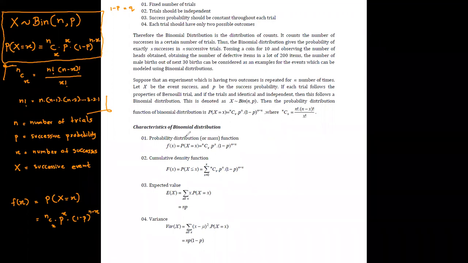This is what we call the probability distribution function or the probability mass function.